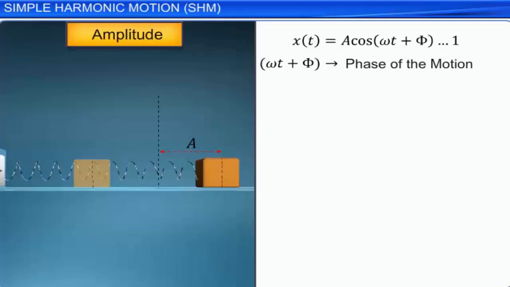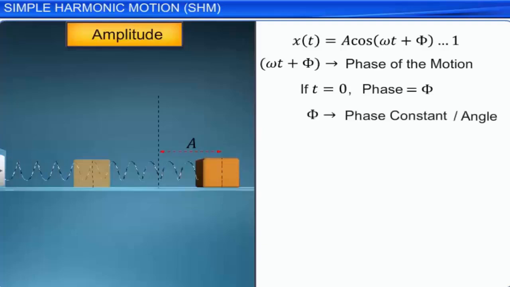At time t = 0, the phase is equal to φ, and this is called the phase constant or the phase angle.